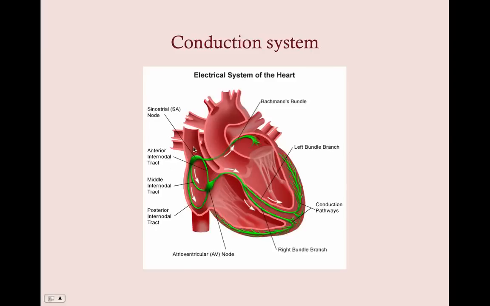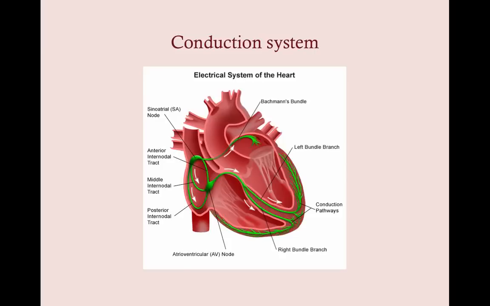So the SA node conducts to the AV node, which sits on the border between the atrium and the ventricle, and then that conducts down the interventricular septum and along through the ventricles. So when you have an AV nodal block, you have a block somewhere between the sinoatrial node and the AV node, and that block slows down your conduction between them.